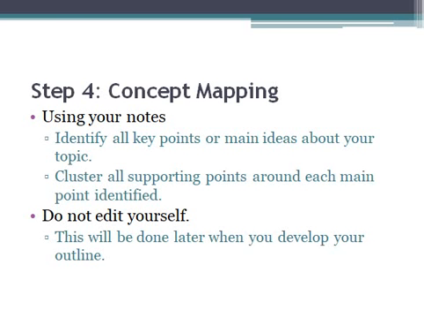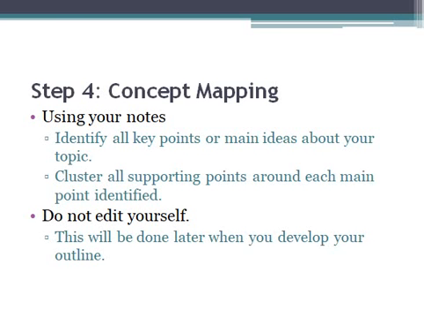Then do not edit yourself. This will be done later, when you develop your outline. At this point you do not need to edit certain ideas or certain cards while you're doing the key and supporting details.